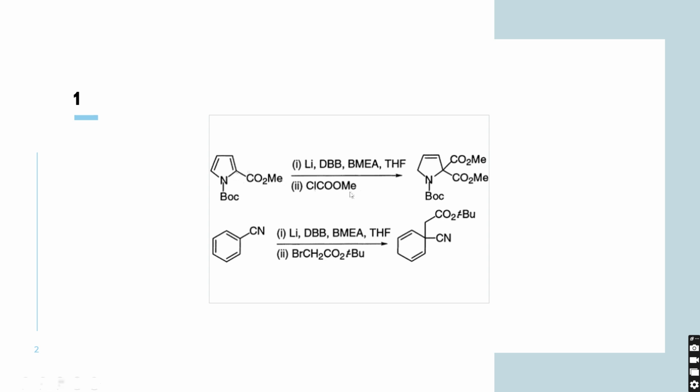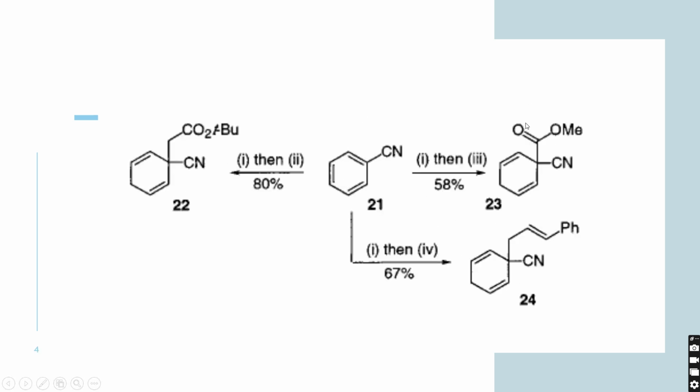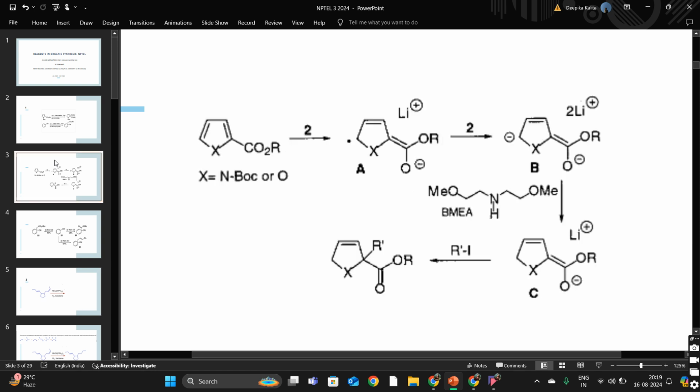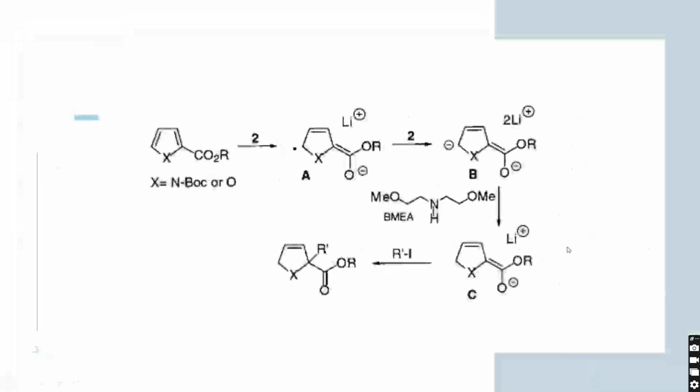Hence, we were getting these two products involving this kind of reaction mechanism. And in the second step, we saw that the second carbanion that was forming was reacting with electrophilic reagents to give you alkylation at the second carbanion.